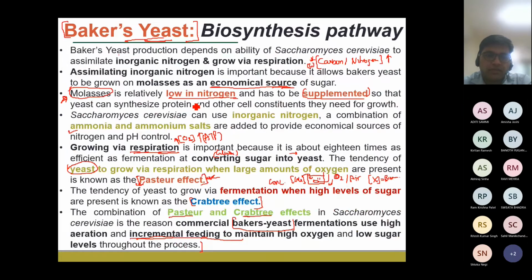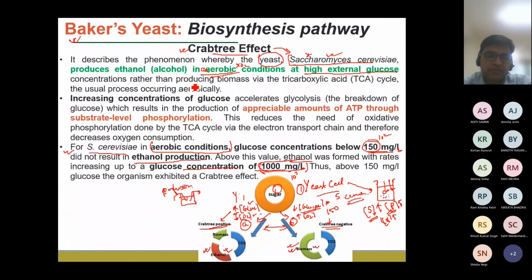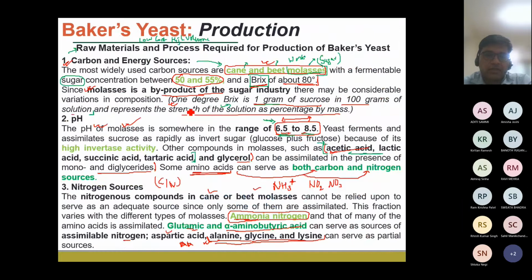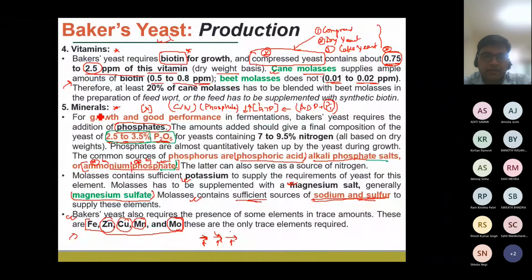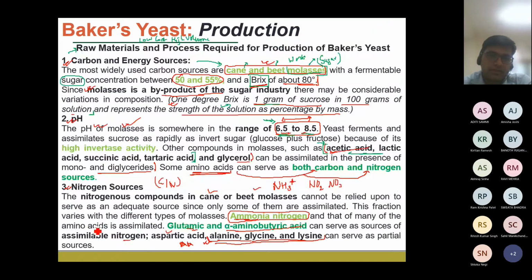Then we looked into what the fermentation conditions are. Once we are done with the biosynthesis pathway, we look into the carbon and energy source, the ideal pH, the nitrogen sources, and the vitamins and minerals that need to be added during the fermentation step, so that we can get improved yield and productivity of the Baker's yeast. Whatever minerals, vitamins or cofactors are added depends upon the biosynthetic pathway.